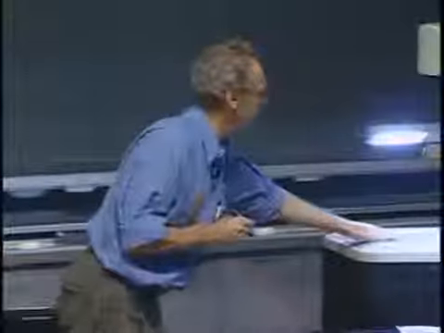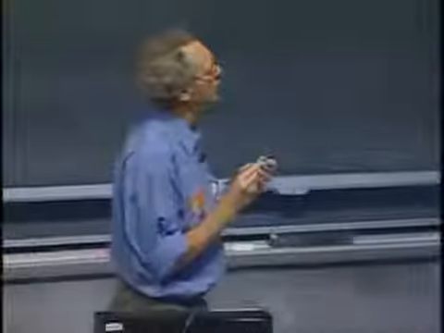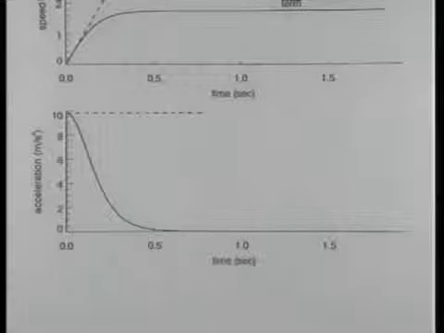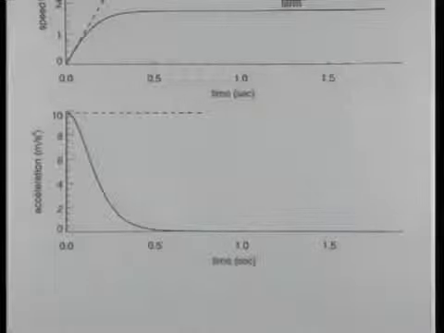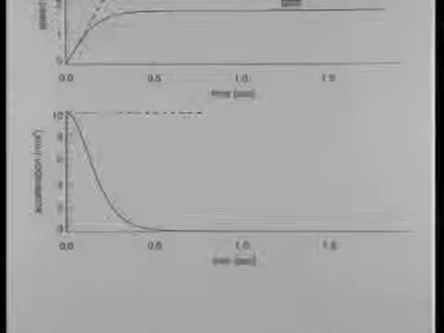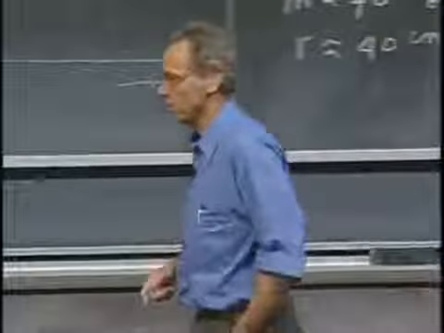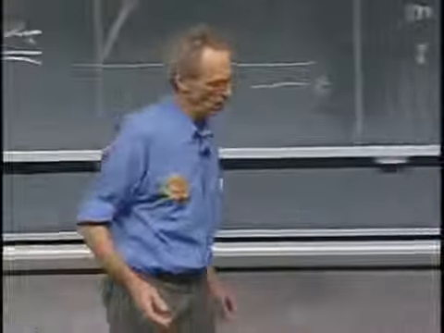And needless to say, the acceleration due to gravity does not remain constant, but goes down very quickly. And when the acceleration approaches 0, then you have terminal speed, and then there is no longer any change in the velocity.